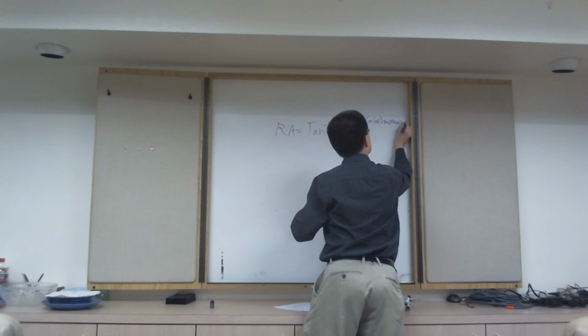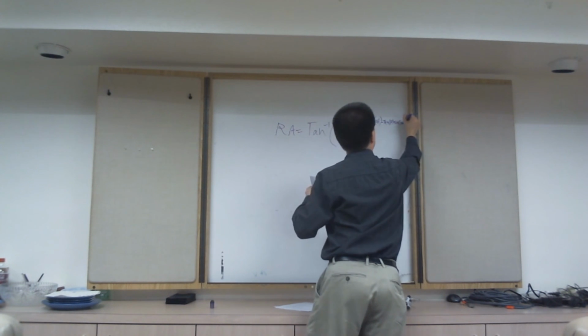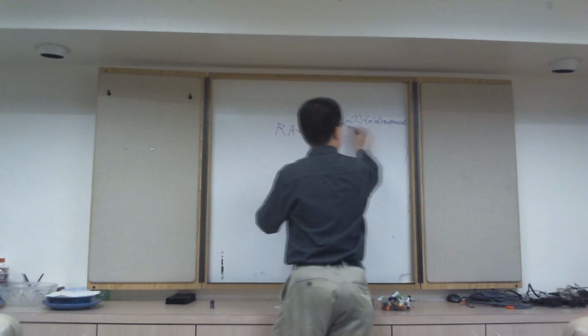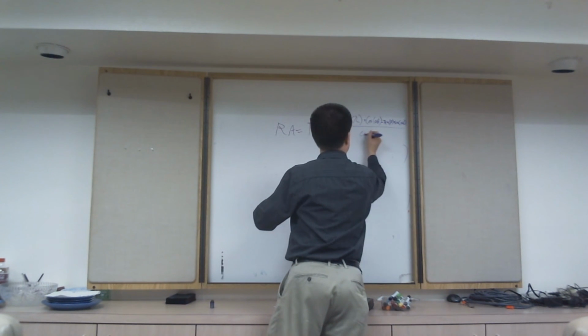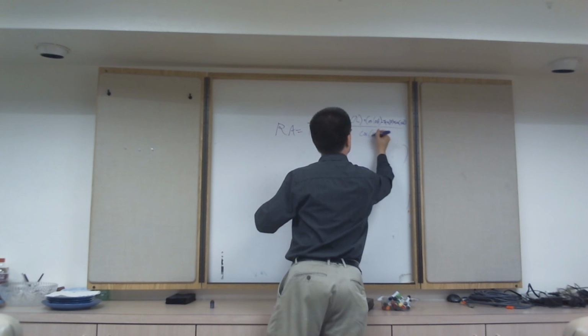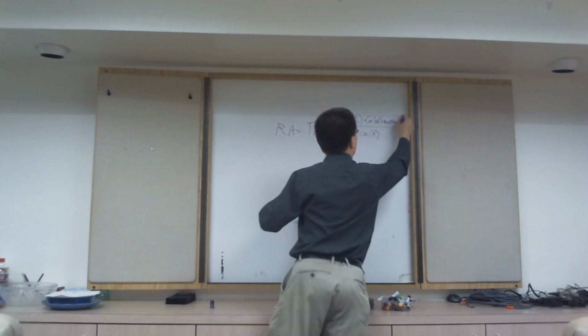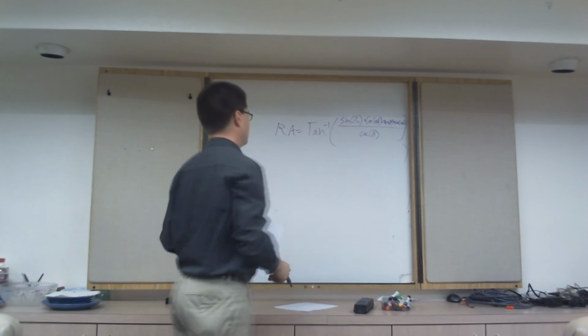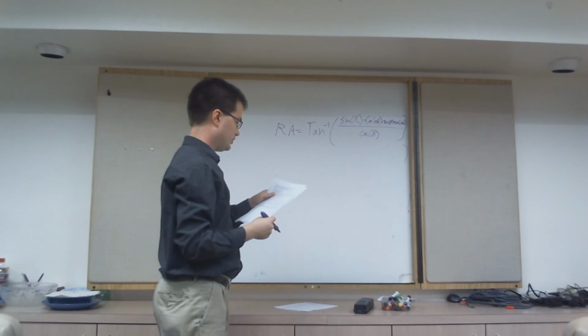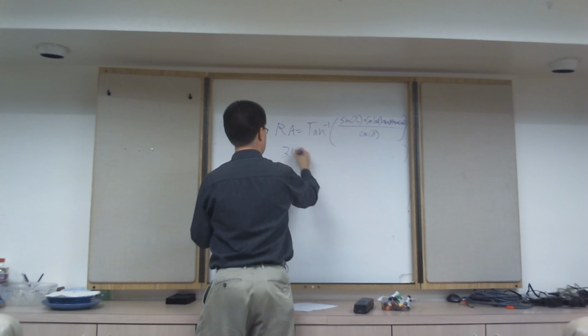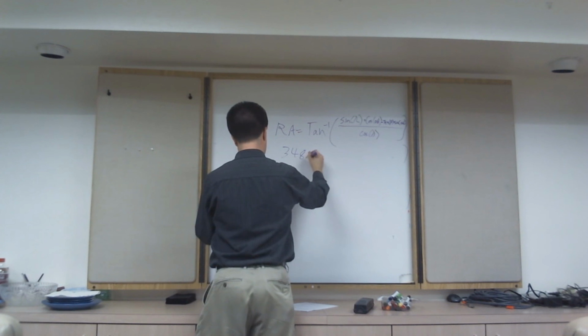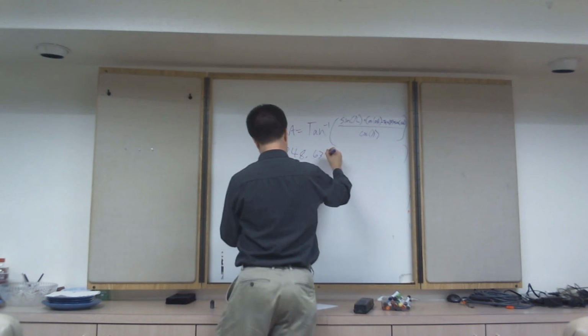I'm running out of space. Should have started that further over to the right. Okay, all divided by the cosine of lambda. Do the ATN2 function in your spreadsheet on that, and you will get an answer of 348.6385016 degrees.